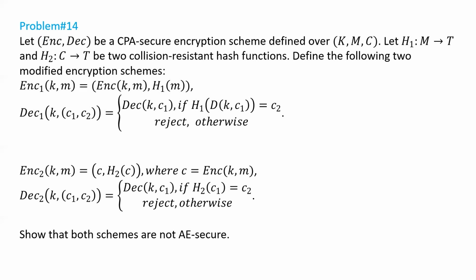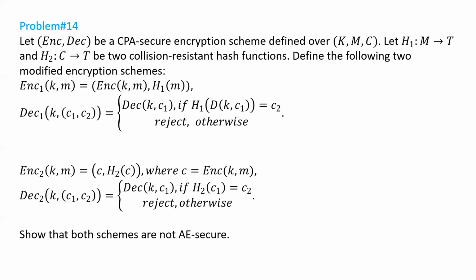So they are trying to build some authenticated encryption, as is evident, because there is encryption and there is some tag space T. So they are trying to calculate some tag on the message m by doing h1 of m. h1 is a collision resistant hash function.